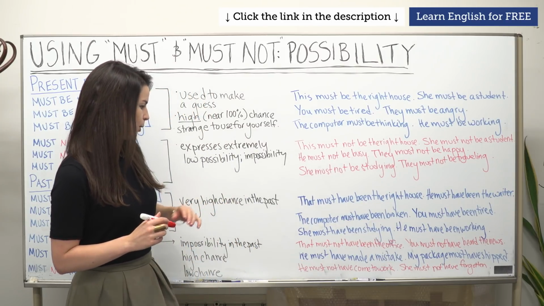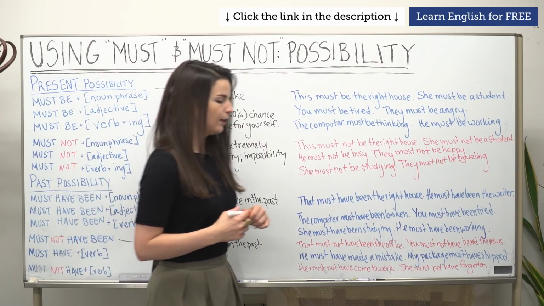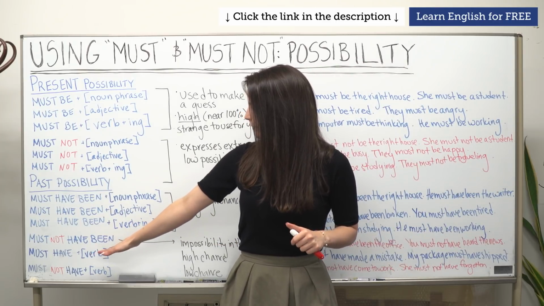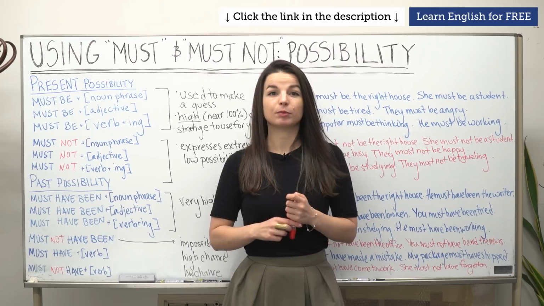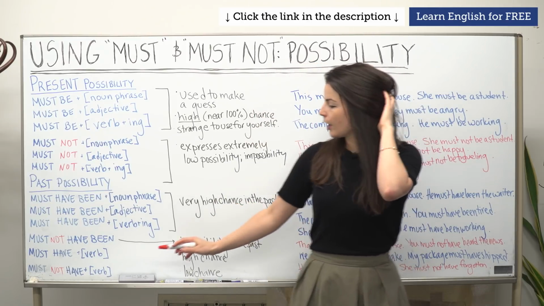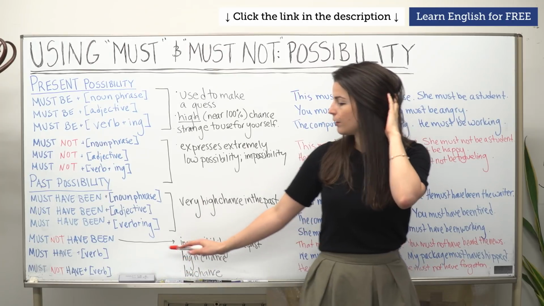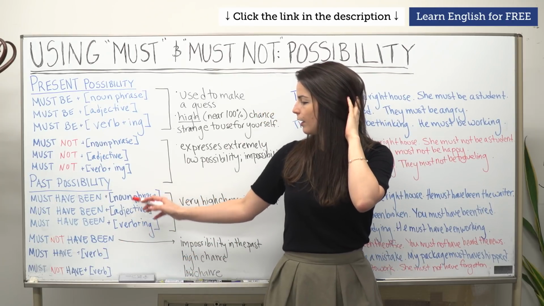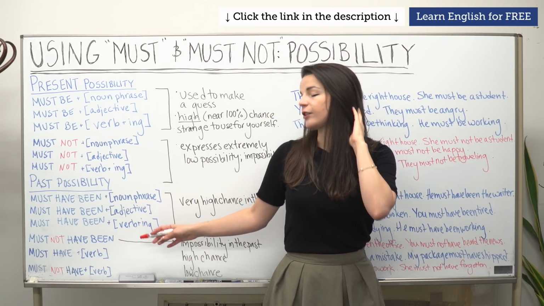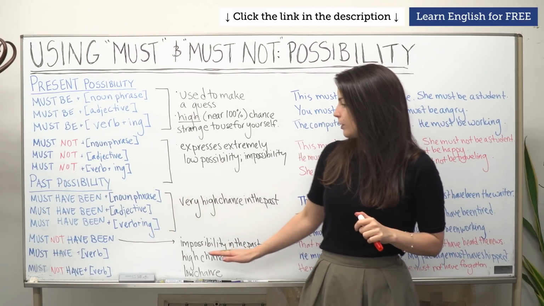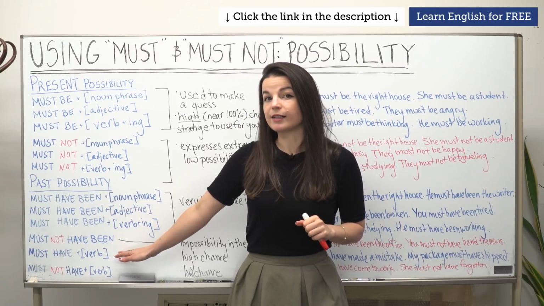Okay, just a couple more patterns I want to talk about. Over here, I have must have plus a verb and must not have plus a verb. So these are a couple of different patterns we can use in the past, but we use a verb with them. Instead of using a noun phrase, an adjective, and so on, as we've talked about here, we use just a regular verb in the past tense here.